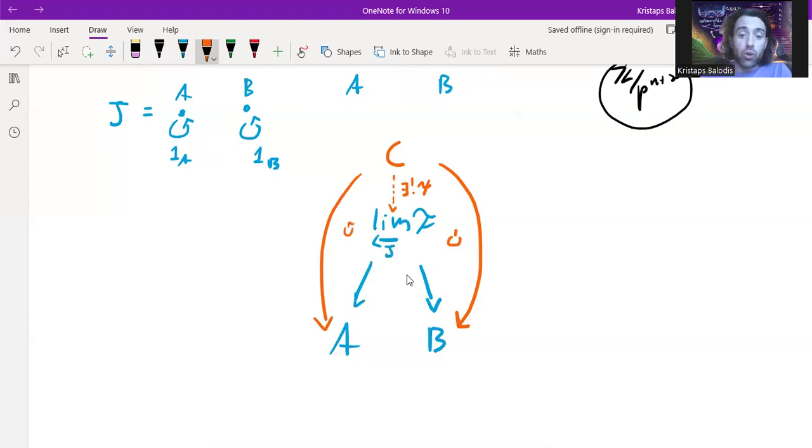But those of you who have seen some category theory before will recognize this as the universal property defining the product.